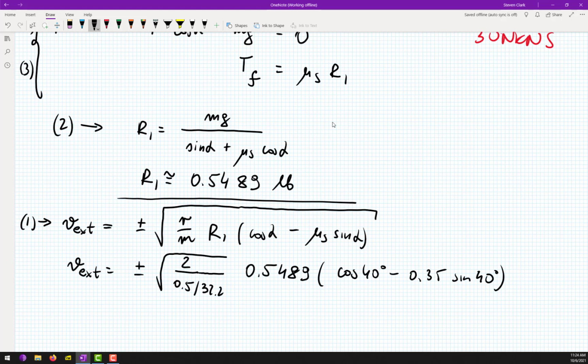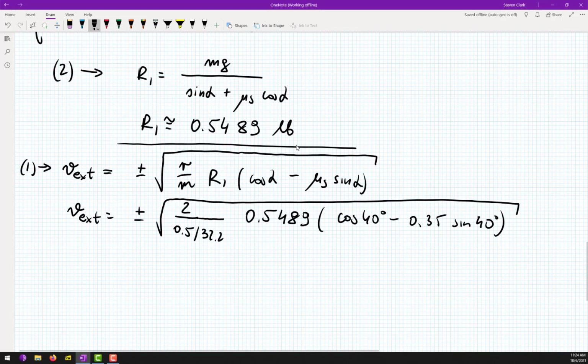Okay, so this is how our equation looks after plugging in values. Grab your calculators and obtain that our V extreme is approximately plus minus 6.1849 feet per second.